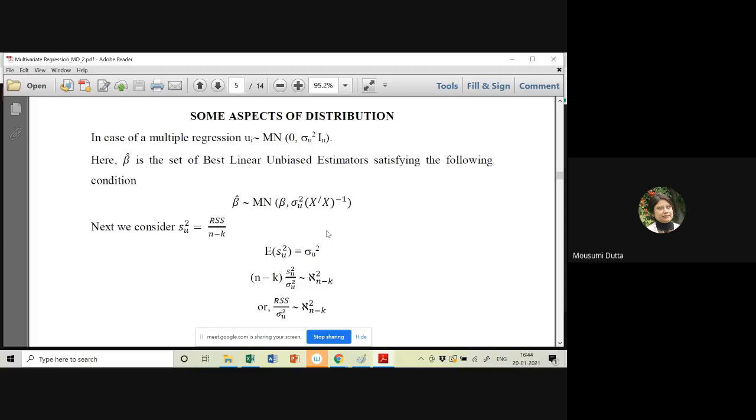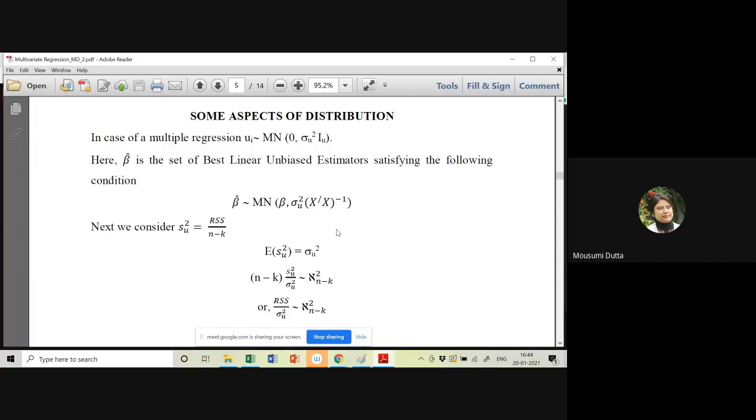So in the case of multiple regression, ui follows the multivariate normal distribution with mean 0, or expectation of ui is equal to 0, and the variance covariance of ui is given by sigma u square In. By this time, you are familiar with this notation, sigma u square In, which gives us the spherical variance covariance matrix for the error term.